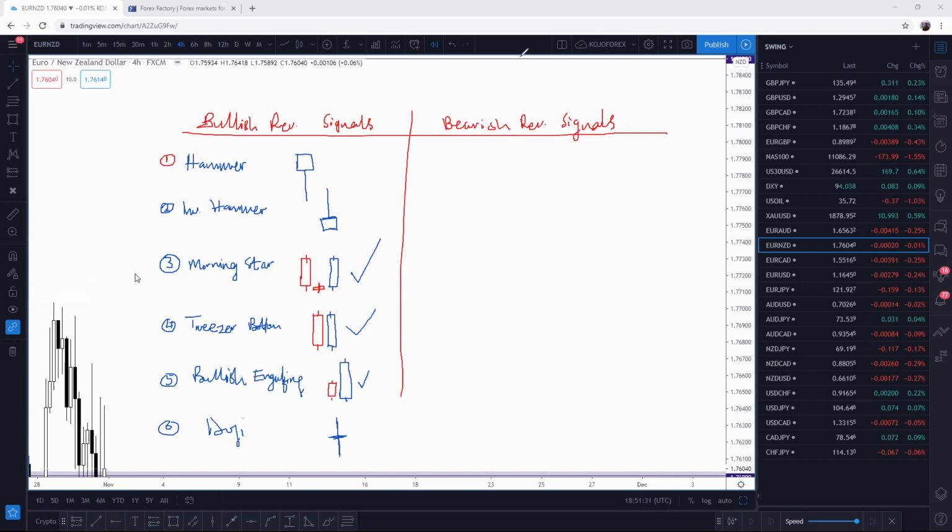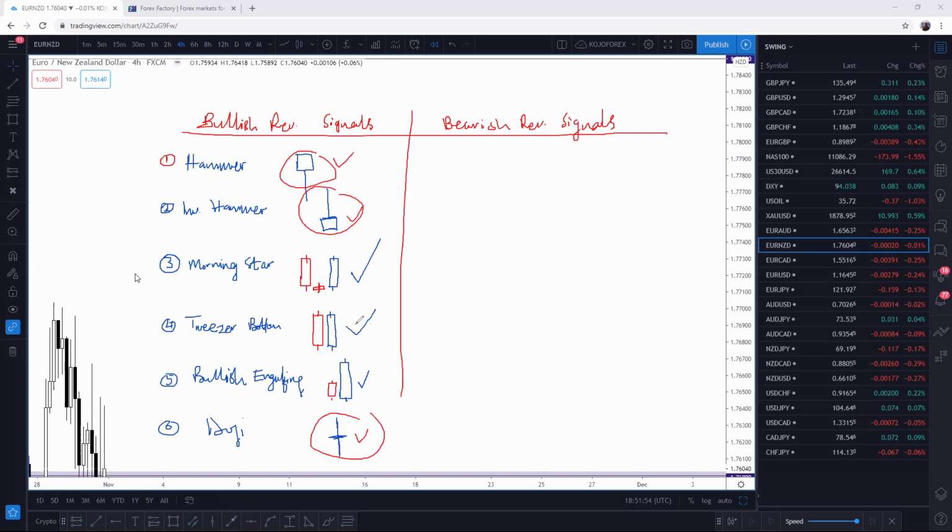But with any one of these, I don't take a trade on them alone. I would need them as a confluence: one of these, two of these, three of these in the same area, or this one mixed up with any one of them, before I may want to consider taking a position.